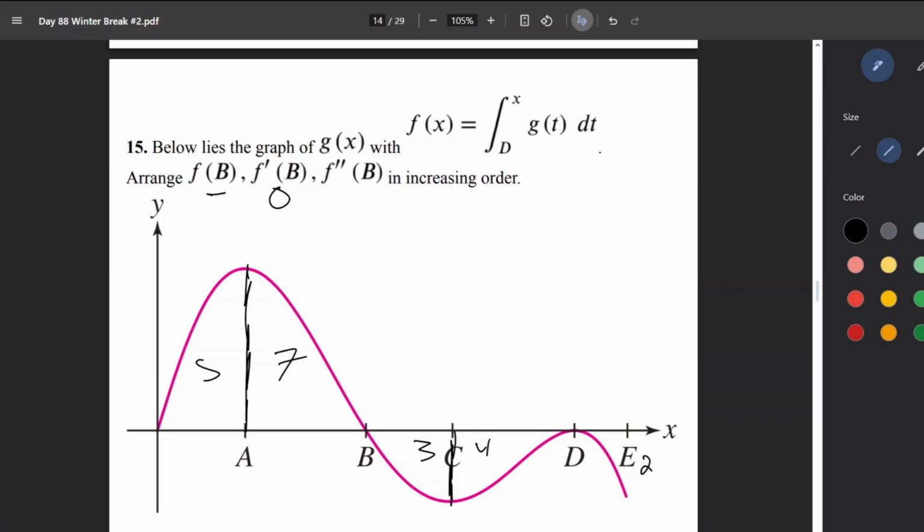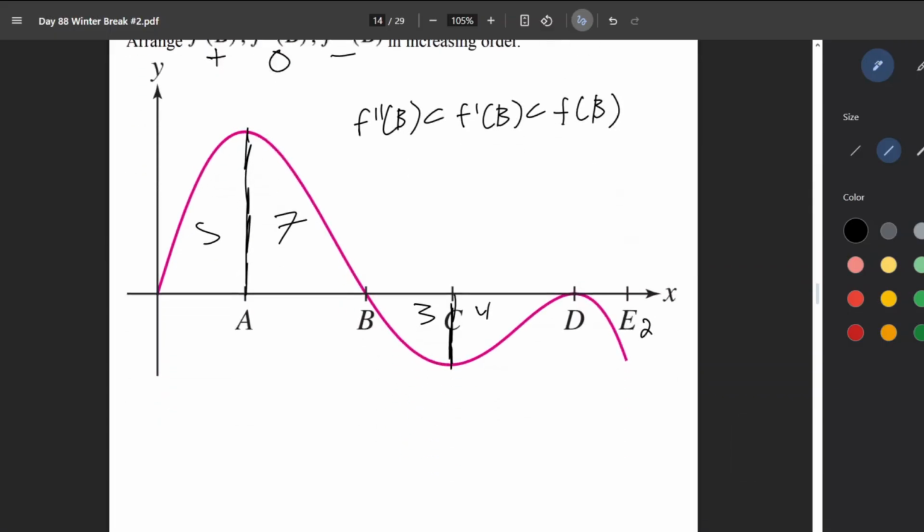Then f double dash would be slope, which is actually, sorry, I got the sign conventions wrong. These are plus because they're below the x-axis, and this would be negative. So scratch what I said earlier. So it would be in increasing order: f dash of b, and then f of b. So pretty simple.